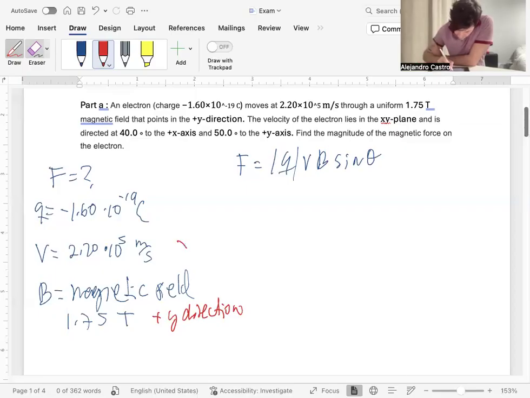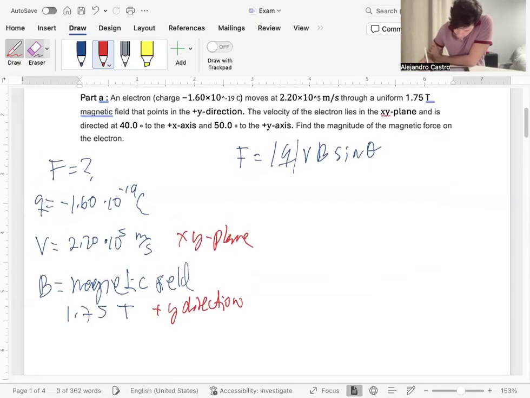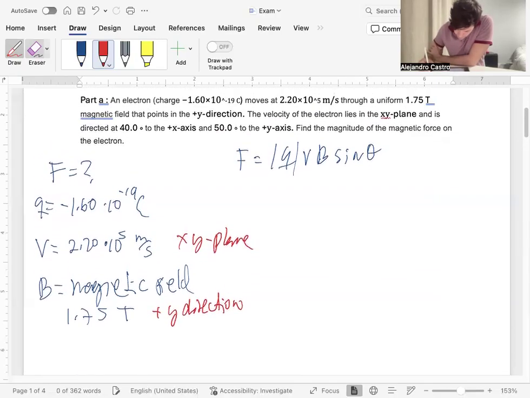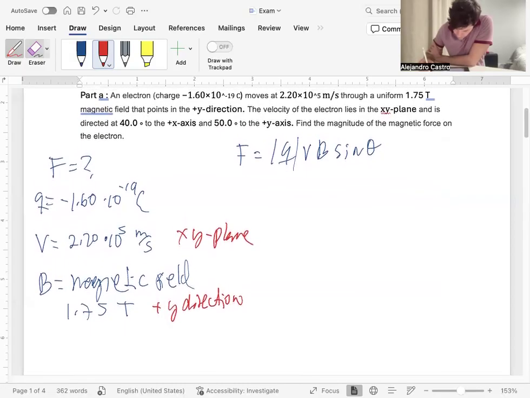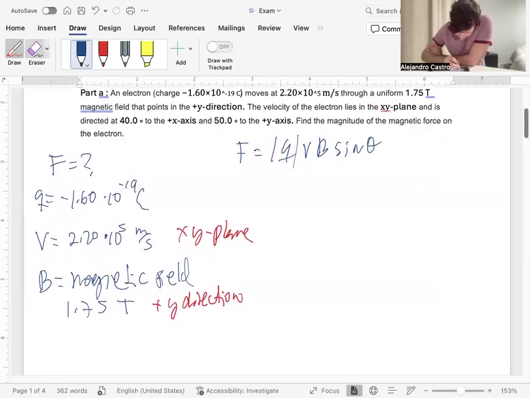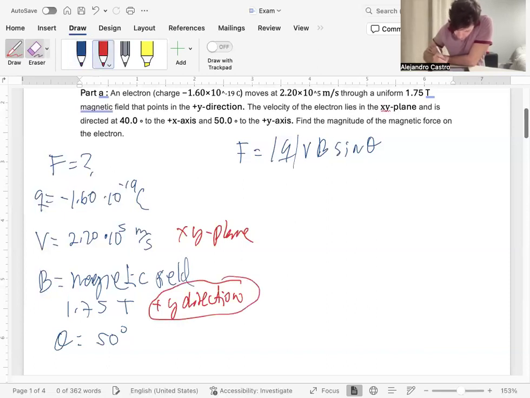Velocity lies on the xy plane. And the angle is going to be 50 degrees because it's the one that goes with the magnetic field, which we know is in the plus y direction.